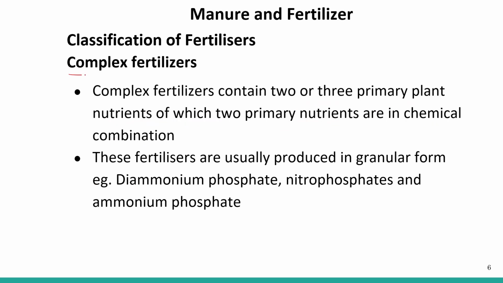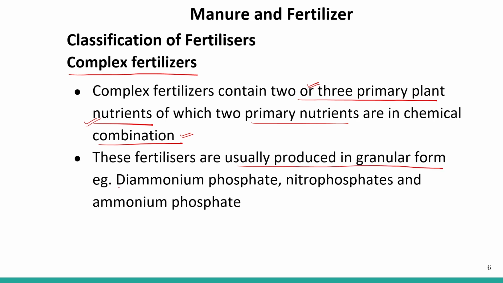Next, complex fertilizer. Complex fertilizers contain 2 or 3 primary plant nutrients, very opposite from the straight fertilizer. The straight contains only one type of nutrient, and here 2 or 3 primary plant nutrients, of which 2 primary nutrients are in chemical combination. These fertilizers are usually produced in granular form, that is diammonium phosphate, nitrophosphates and ammonium phosphate.